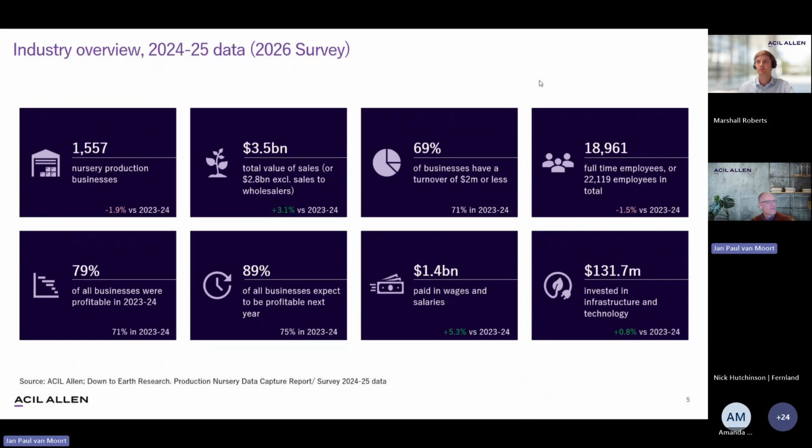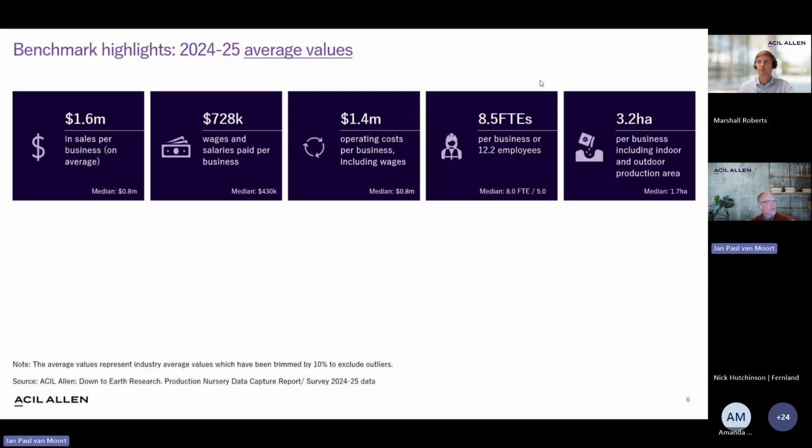When we look at some of the average values rather than the headline stats, we see that the average value is $1.6 million and the median is only $0.8 million. So it just says there are a lot of small businesses still trading successfully inside of the nursery sector.